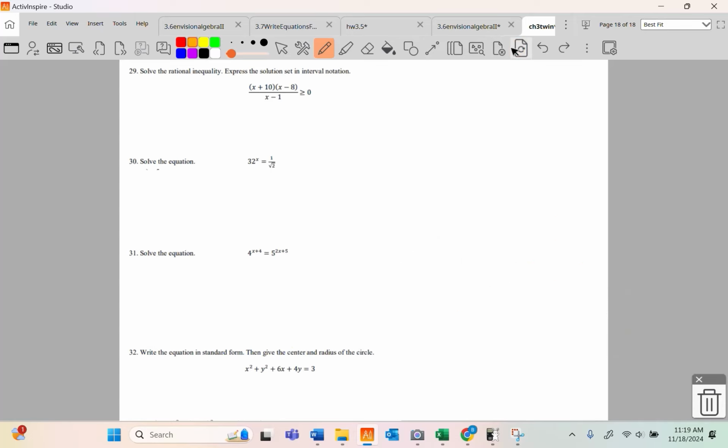And the last one, write the equation in standard form, then give the center and the radius of the circle. You're going to do this by using a technique called complete the square. Standard form of a circle is x minus h quantity squared plus y minus k quantity squared equals r squared.